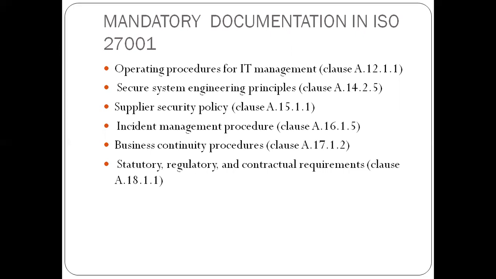So there must be a policy to ensure that suppliers and vendors will not worsen the risk situation in your organization. As you're implementing 27001, you are transferring and communicating that reality to your vendors so that the vendor risk can be brought down to an acceptable level. That's the supplier security policy.